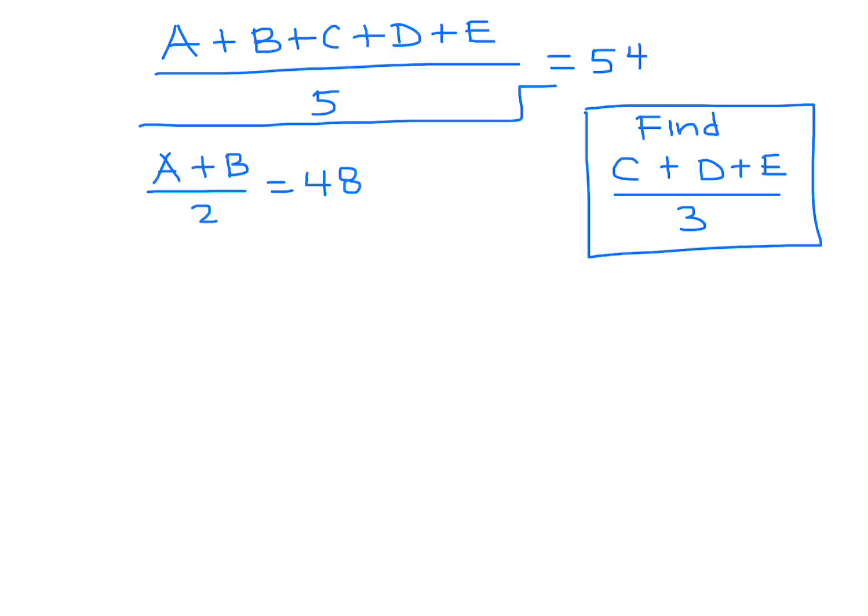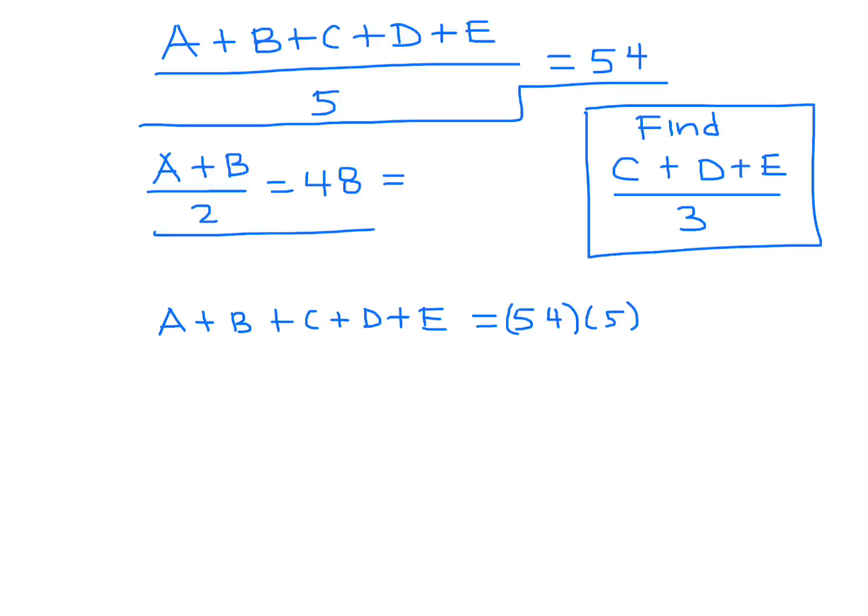Let's work with the original equation. We've got A plus B plus C plus D plus E is 54 times 5 if I cross multiply like that. Okay, and then this guy right here basically means that A plus B is equal to 2 times 48 if you cross multiply there. So that becomes 96.